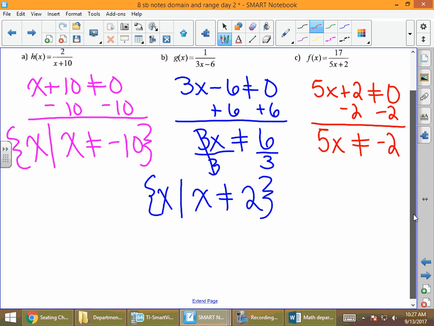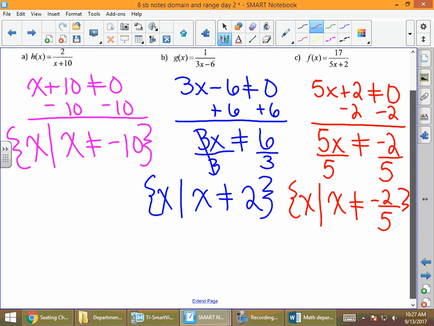It's 5 times x. Our inverse operation is to divide by 5. And we end up with x doesn't equal -2/5. Put this in set builder to finish. Squiggly bracket, x bar, squiggly bracket.